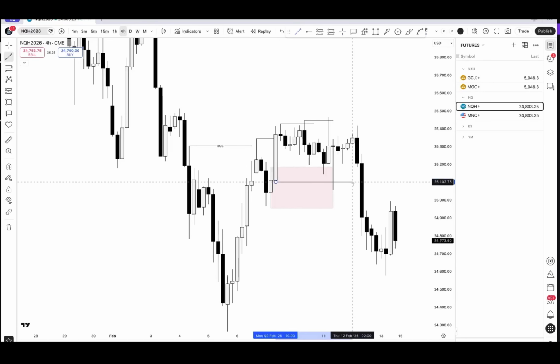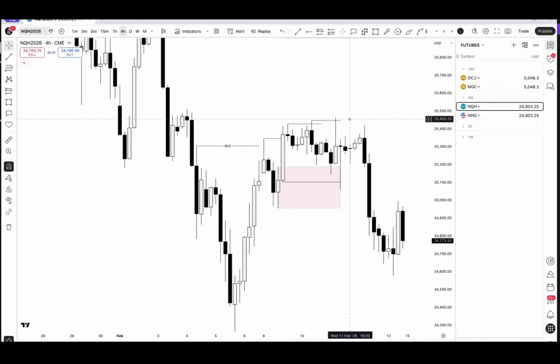Yes, we took out a low, but in any event, that was just a trade back up. Notice how this price action is inducing higher, and that's after taking out a low. That's after taking out a high from the left. So we have to imagine if we're buying, we were essentially trying to buy from this. So that's why you have to zoom out and look at what's actually going on in a higher time frame.